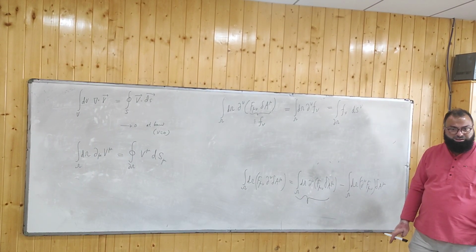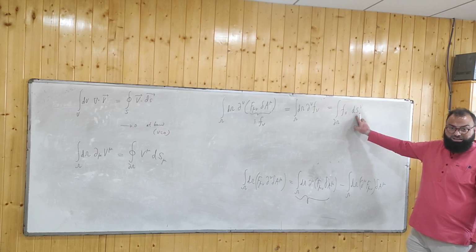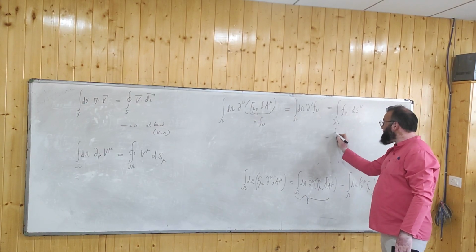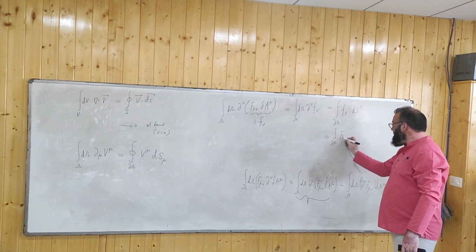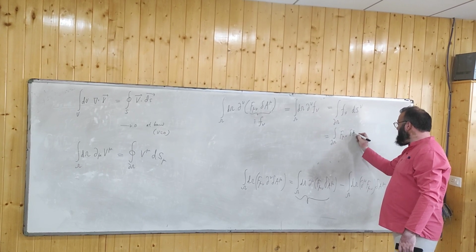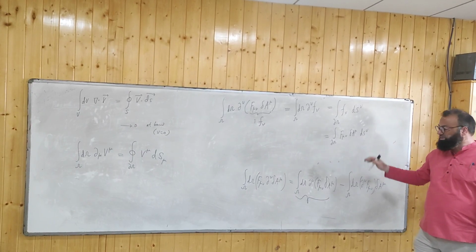Clear? So what is this ds? It is the hypersurface element. So what will I write now, what is f? F mu nu delta a mu, so it is dx mu. Clear? Now look, all indices are contracted.